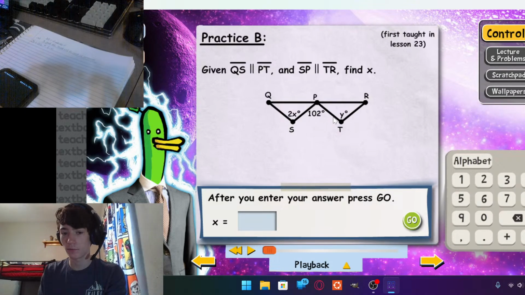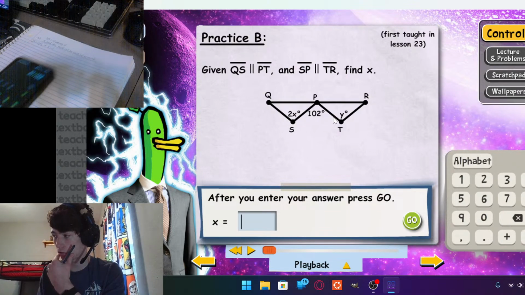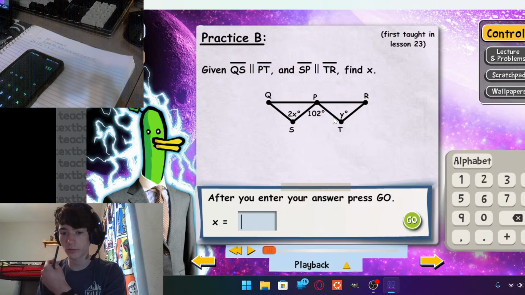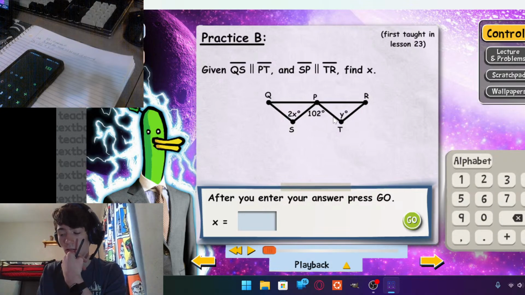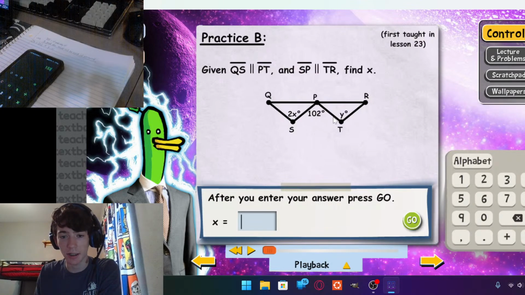So we got 51, okay. 51 plus 102 equals 153. That can't be right. Is that supplementary? That's got to be a really tiny angle.